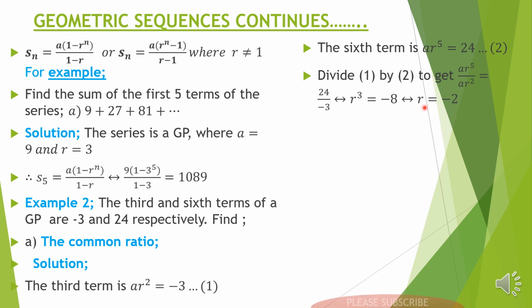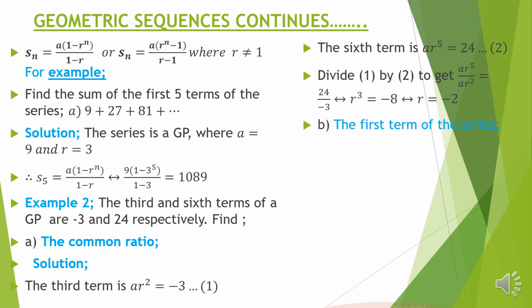Therefore, I'm getting R as -2, telling you that this is a decreasing series because of this negative. That's why you can see the third and the sixth terms are like this. Note that we are getting R to be -2.